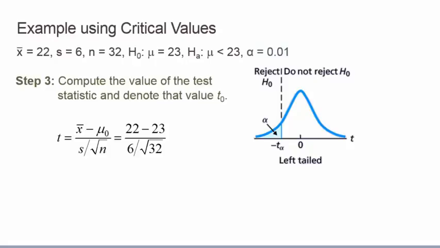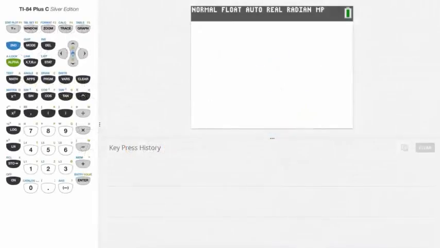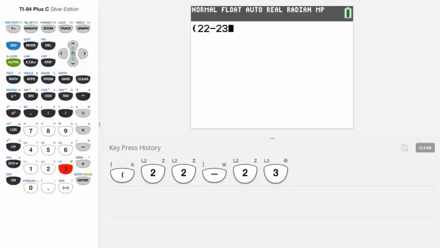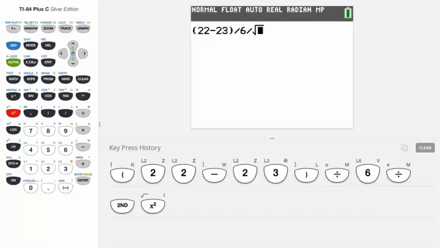We need to remember when we substitute this into our calculator that we need parentheses around the numerator and parentheses around the denominator. So to calculate, parenthesis 22 minus 23, close parenthesis, divided by 6 divided by the square root of 32.